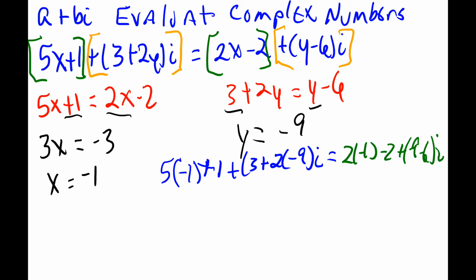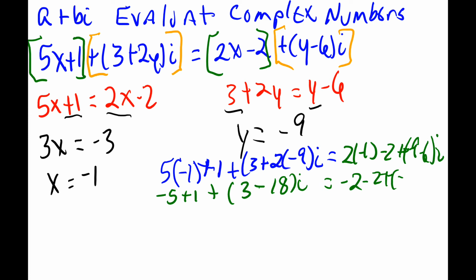All right, so let's just solve. 5 times negative 1 is negative 5, plus 1. And 3 plus 2 times negative 9 is going to give me negative 18, multiplied by i. On the right, 2 times negative 1 is negative 2, minus 2, plus negative 9 minus 6, which is negative 15i. Let's continue to solve.